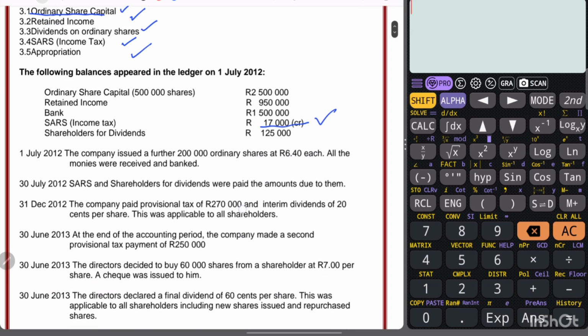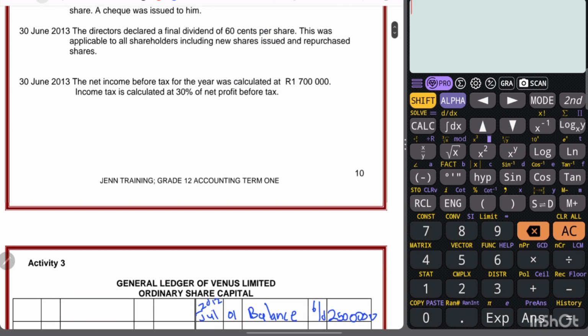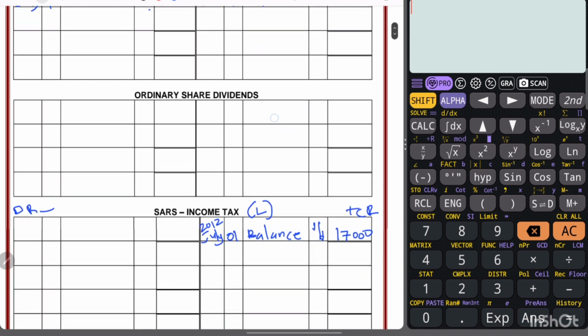Do we have any other balances? Yes, we do. Shareholders for dividends. Remember, this one is what we call a final dividend. It's always a liability. Remember, this one is declared and not paid. Let's go and record it now.